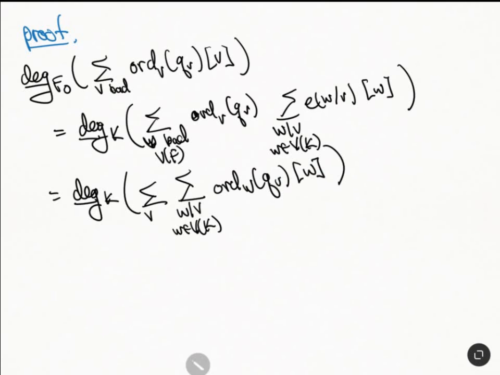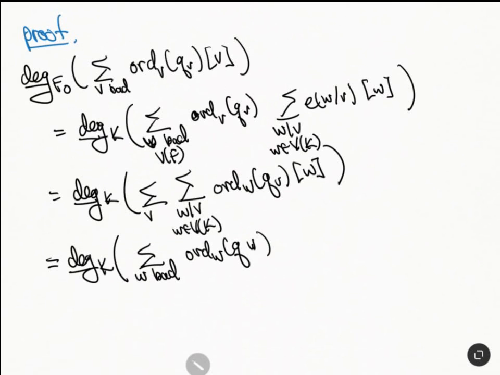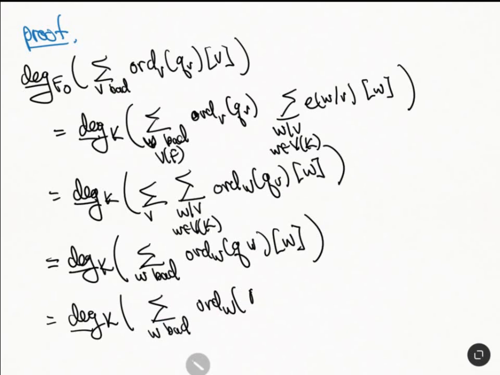And so we have all the places now, and we're just summing over W bad of ord W Q. The other thing is that these things are absolute, so this is Q W. Oh, right, W. Okay, and so by the lemma, this is the degree of K times the sum over W bad, and now this is the minimal discriminant of E K over K W. Right, and we saw that this is just the degree divided by the degree.